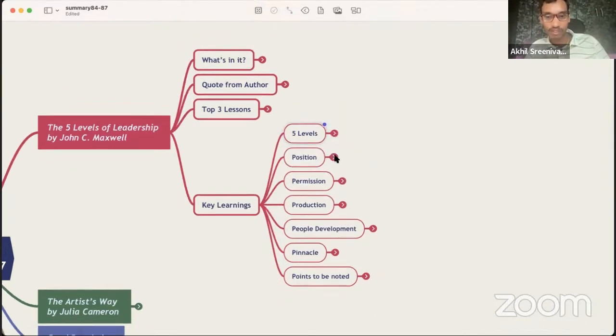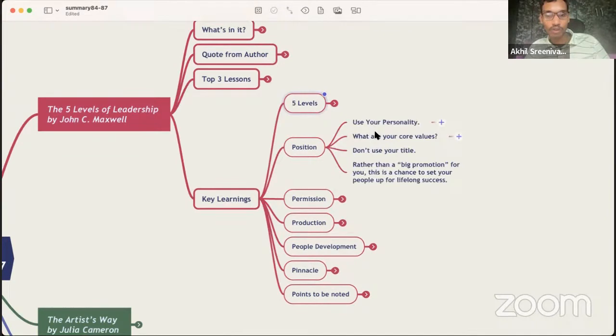daily lives. Position. For improving your leadership in the position, whatever position you are working in, whatever role you are performing, whether you are a manager, a CEO, in sales, in development, or in testing, whatever the role, what are your core values? Use your personality and your identity, and don't use your title.